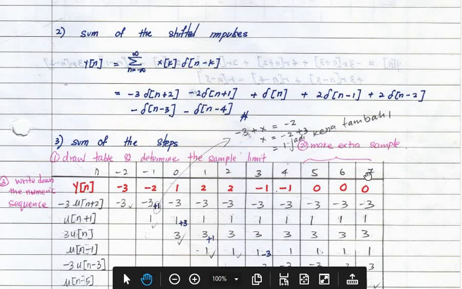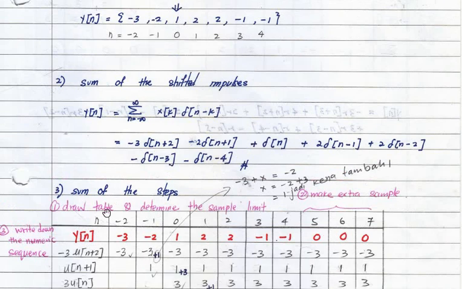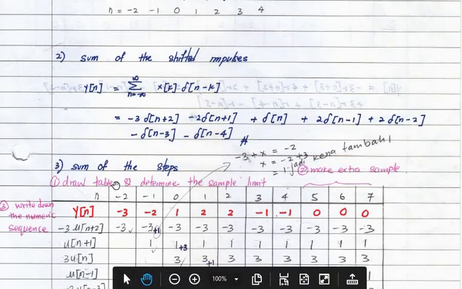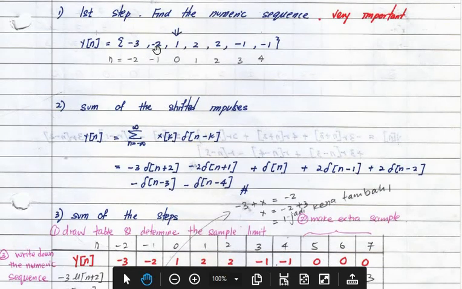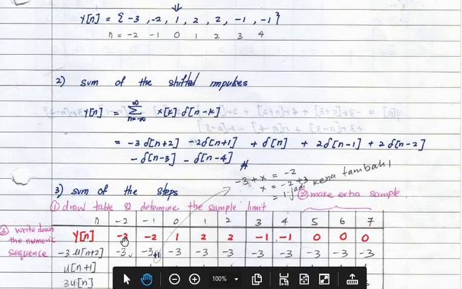Can you follow here? Now, the next value is negative 2. If you check the question, it is negative 3, negative 2, 1, 2, 2, negative 1, negative 1.